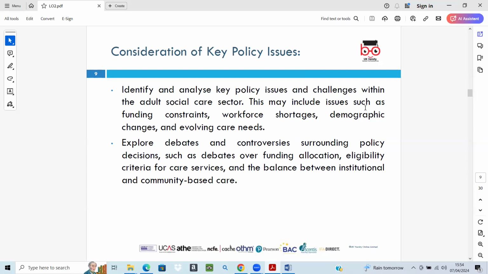And now with slide number 9, we were talking about challenges like funding. There could also be challenges in the workforce shortage and demographic changes. An aging population and increasing life expectancy are leading to a rise in the number of older adults requiring care.